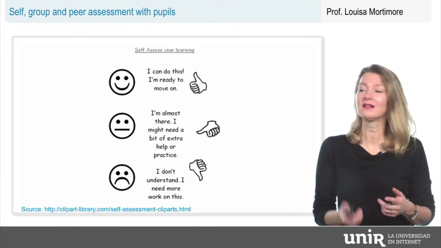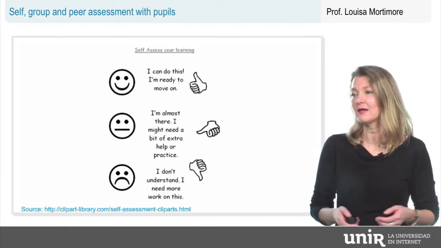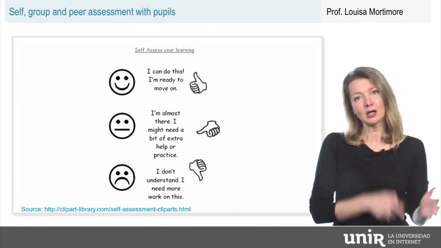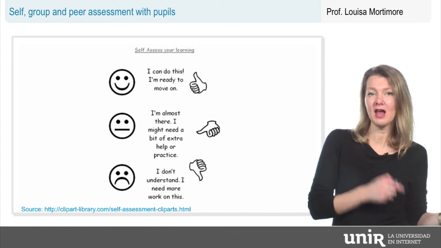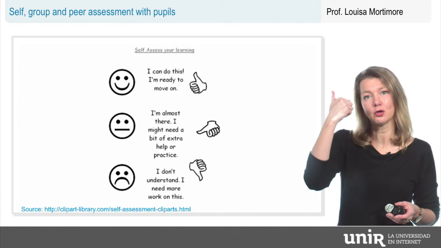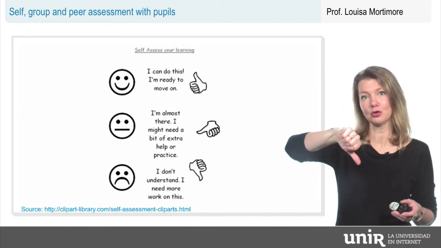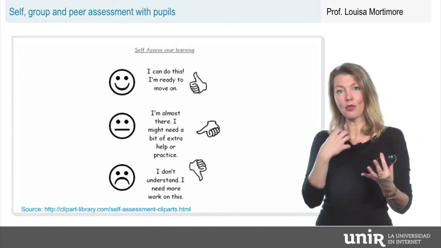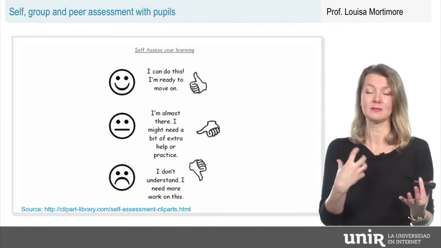Another way, obviously, is looking at self-assessment. And I think especially with younger children and with lower levels, the use of emoticons and also of the hand, the great, the so-so and the not so great, can help them. This is what they apply. The not so great is obviously how they see themselves.